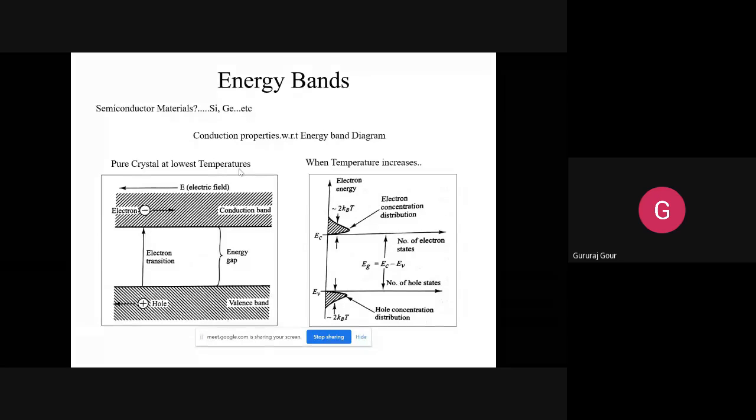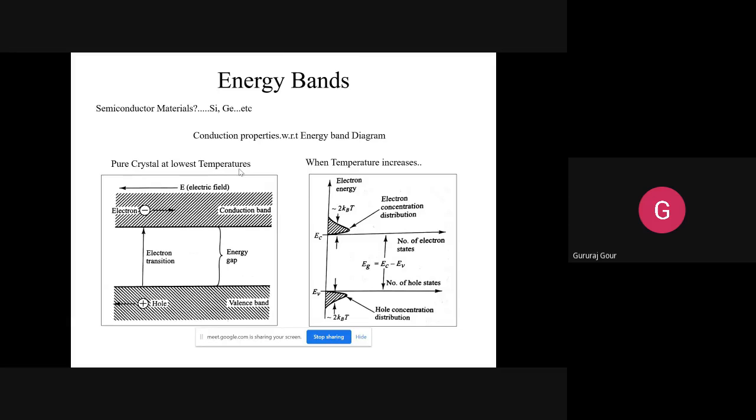Pure silicon or pure germanium means it is not yet doped by any impurity atoms, pentavalent or trivalent, which would affect its conductivity, vary its band gap or energy gap, or disturb the behavior of the electrons residing in the valence band or the conduction band. So this is all about the pure crystal at the lowest temperatures.